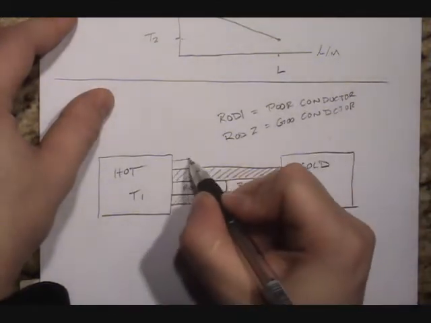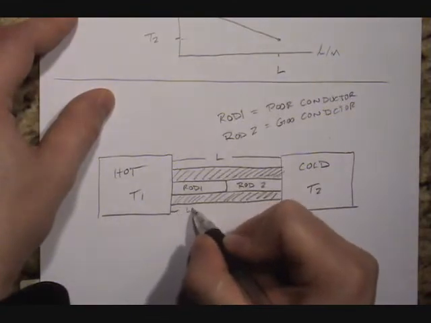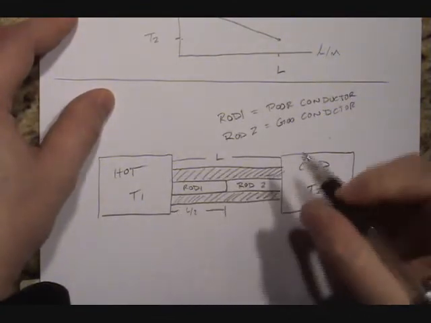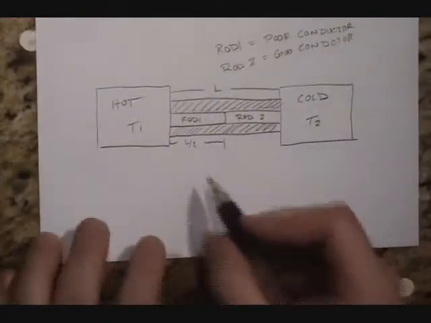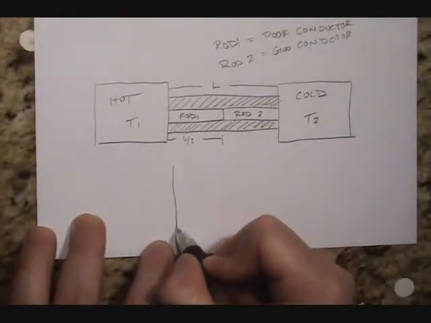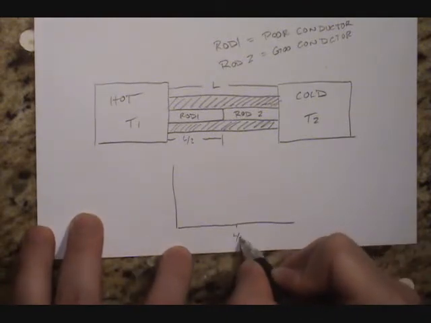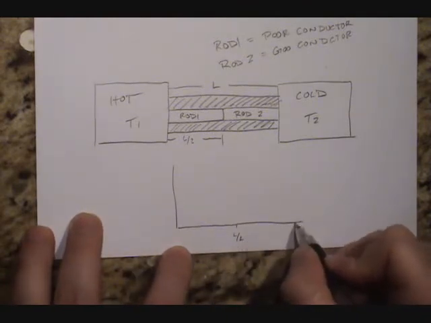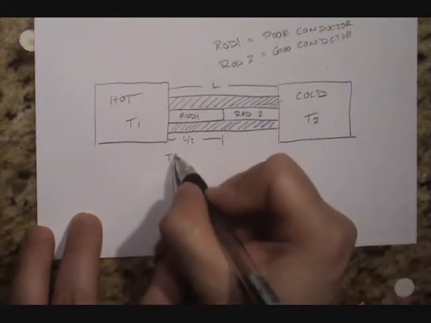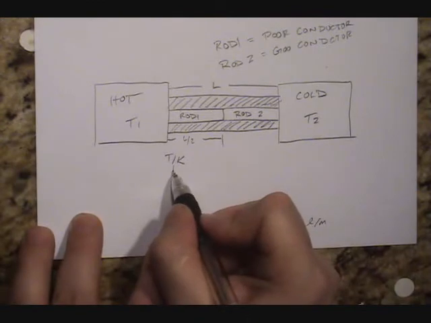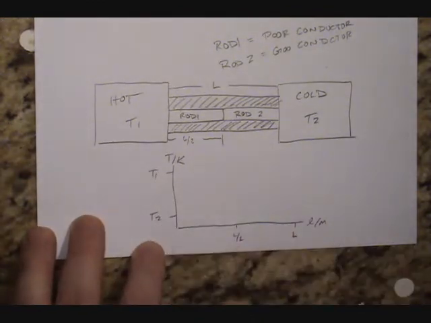And the total length is, of course, L, just like it was before, but the length of this rod is L divided by 2. In other words, the two rods are exactly the same length. So now let's make our graph and let's see how this looks different than it did before. So here's L divided by 2, and here is my total L. This is my length in meters. Here is my temperature in kelvins. Here's T1. Here is T2.